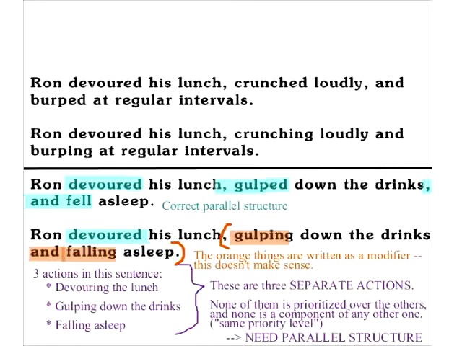Because they don't modify. Remember what modify means. Modify means that you have to actually tell me more or give me further description or additional information about something. So if I'm using those as a modifier, that would mean that gulping down the drinks and falling asleep would be additional information about how I devoured lunch, and that's false.